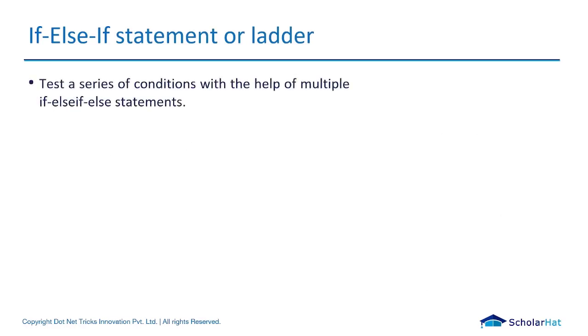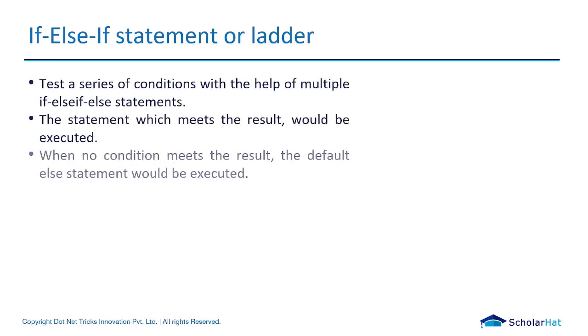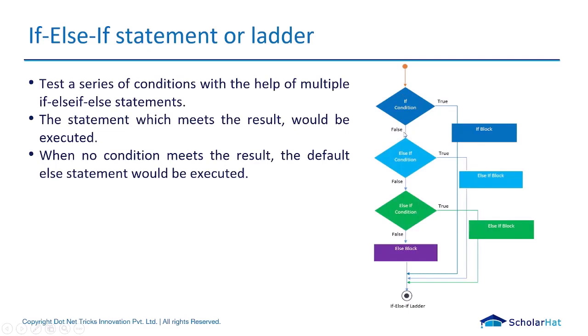Similarly, there can be multiple conditions. There we use else if conditions. We write one if and one else definitely, and if there are multiple conditions, then we're going to use else if conditions. Here we can see that if this condition is not satisfied, it will check for this one.